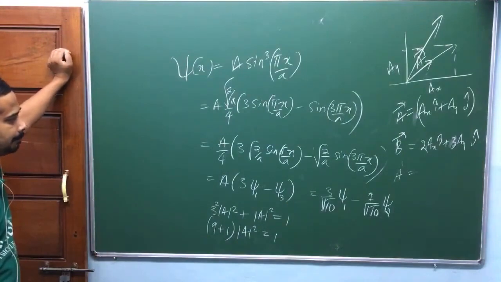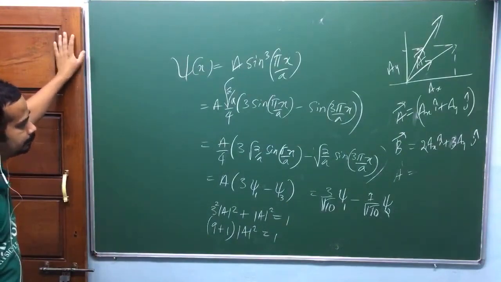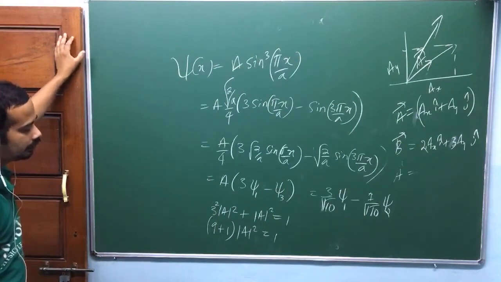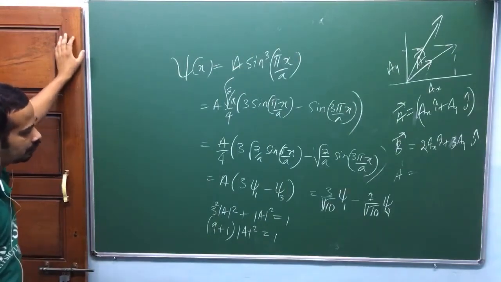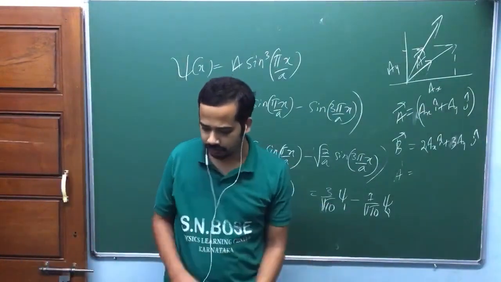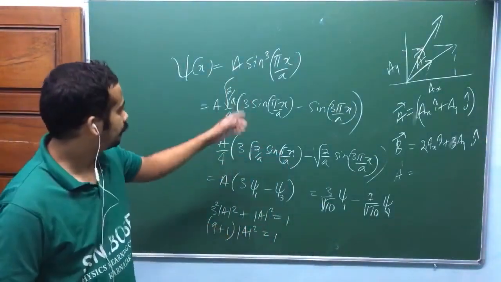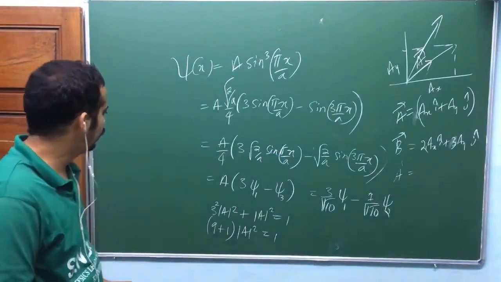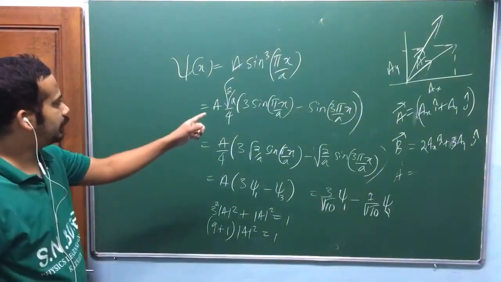Sir, but normalization constant is different from the answer. Different from? Sir, Griffith's answer, sir, that we solved yesterday. This one, not 3 by root 10, 1 by root 10? Check that out, it should be. The value of A is 4 by under root 5. Any mistake that I have done here?